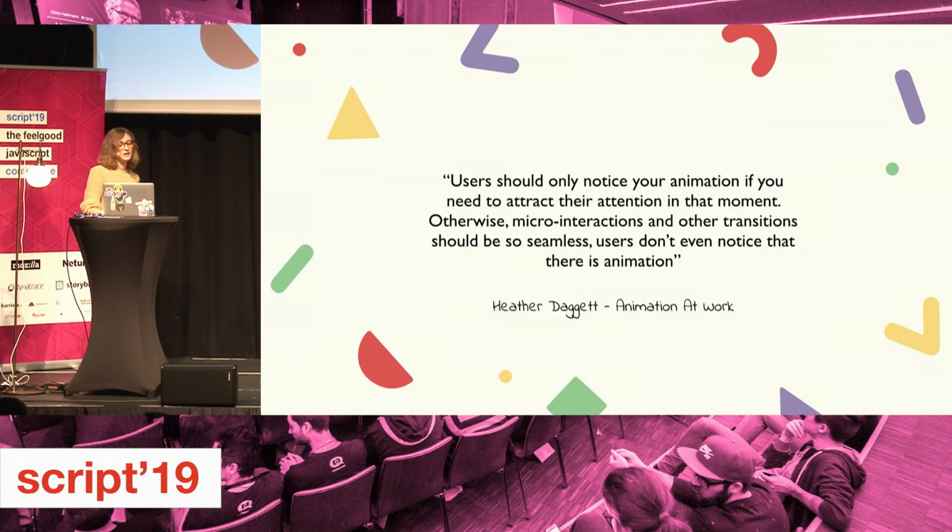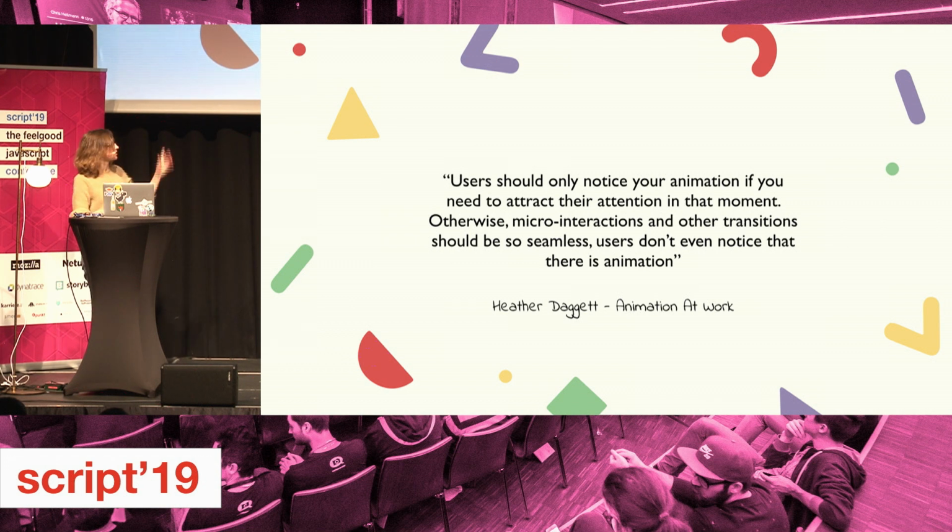And in the end, most animations don't need to be noticeable. Users should only notice your animation if you need to attract their attention in that moment. Otherwise, micro-interactions and transitions should be so seamless that users don't even notice there is an animation. So often the best animation is the animation you might not even notice, because then it's not distracting the user and it's not keeping the user from doing something.